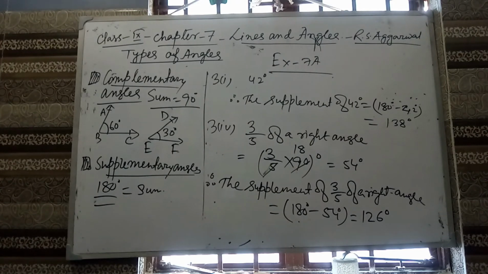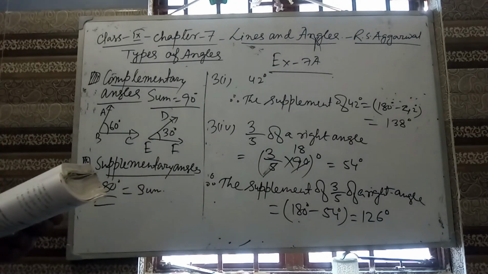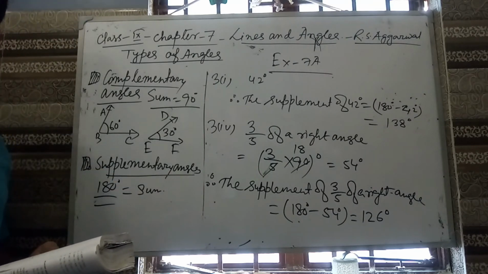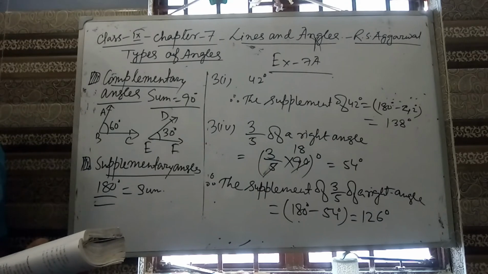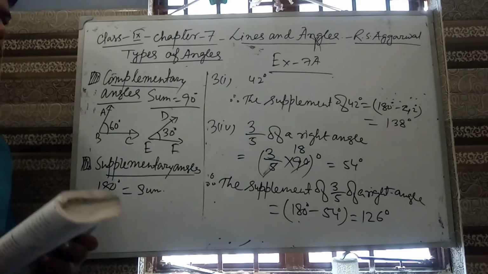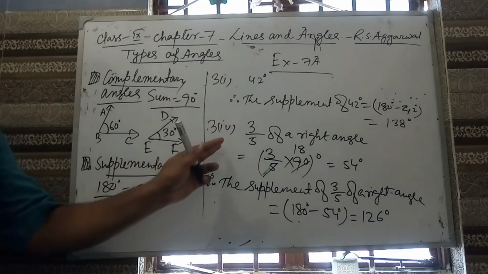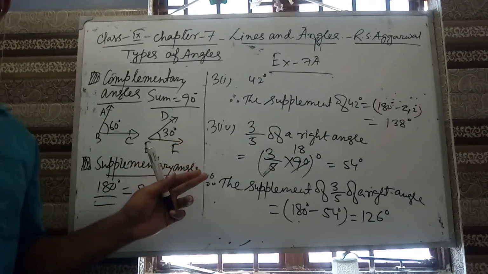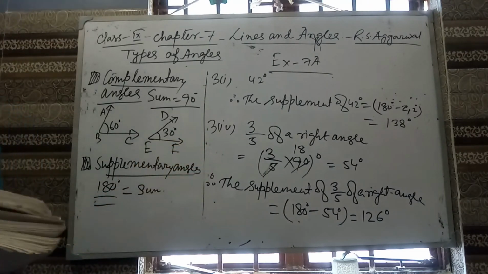Okay. Next one, 4 Roman 1. What is given? Find the measure of an angle which is equal to its complement. Are you all done with 3 Roman 1 and 3 Roman 4? Anybody still doing? Okay.